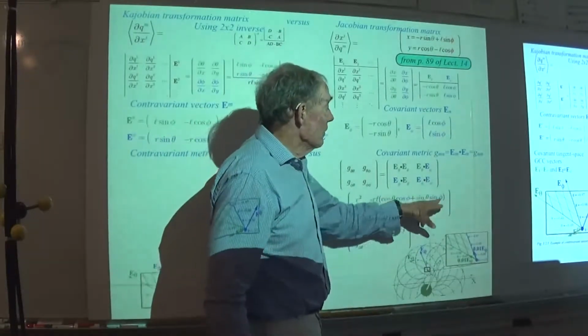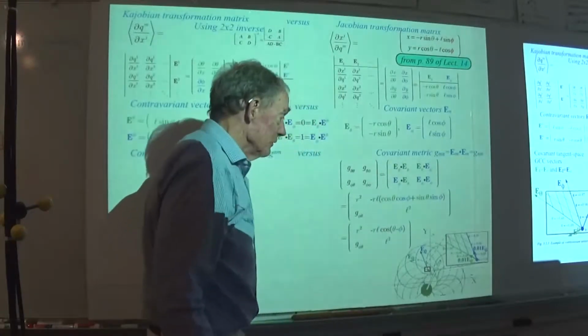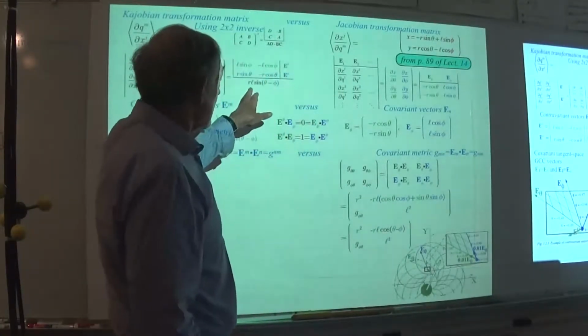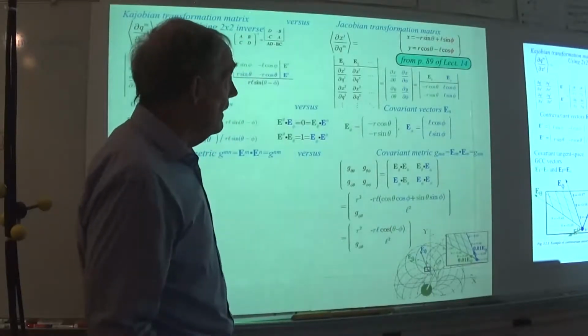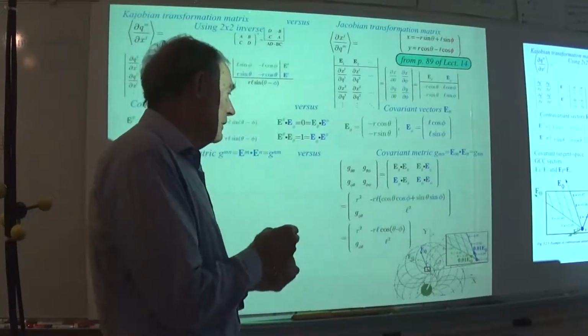So this is only 0 for a 90-degree difference. And then this one is a 0 at 0 and pi, stretched out or completely overlapping.